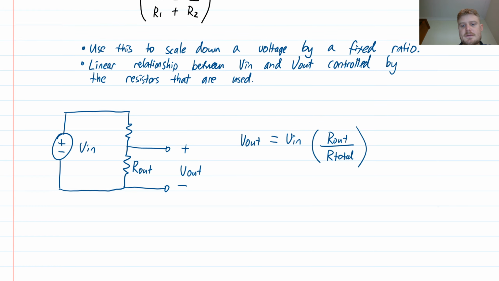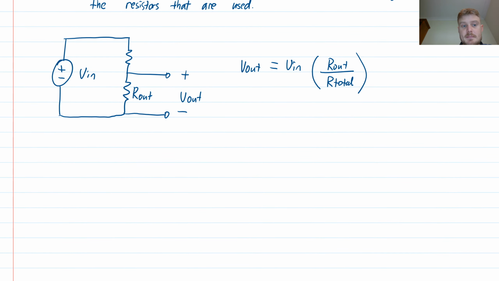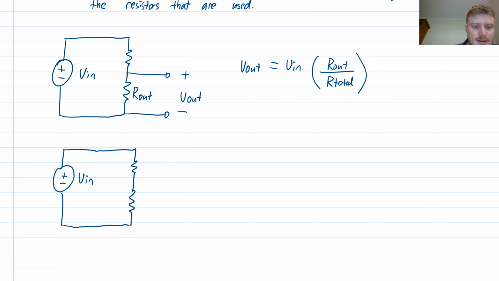And so this is a useful way to express it because I could also have defined my voltage divider circuit like this. I could also have said I've got V in and I've got two resistors, but instead of using the bottom resistor, I use the top resistor. This is also completely fine. Still a voltage divider. There's an output voltage.